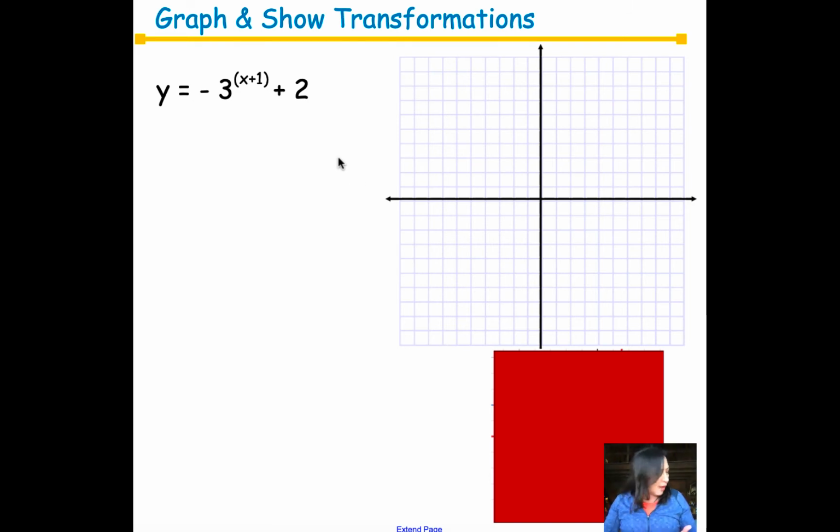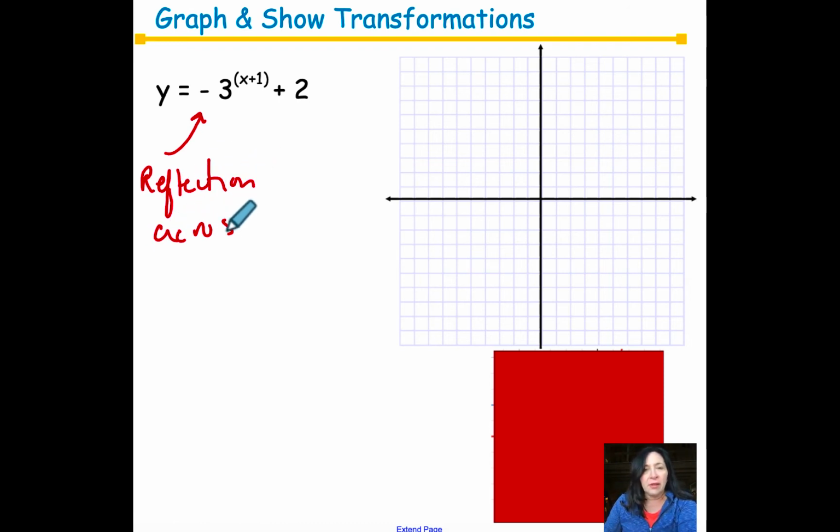So we're going to start off with this value here. It's an exponential equation. It's easier, I think, to plot points when you can, especially when we have all these shifts. So what you want to do is recognize what's happening. What's happening in this exponential graph is this. The first is a reflection across the x-axis.